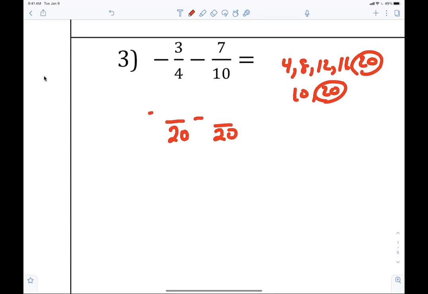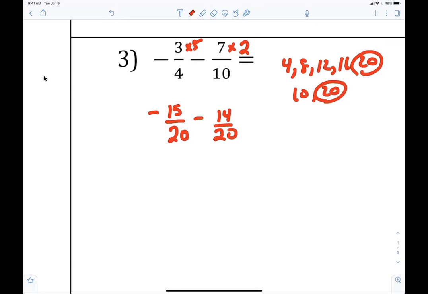So it becomes -15. So I multiplied by 5. Just like the second fraction, I have to multiply by 2. And that becomes 14. Is everybody with me on this?